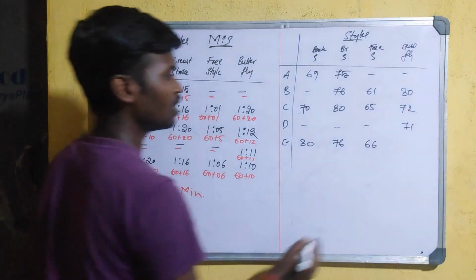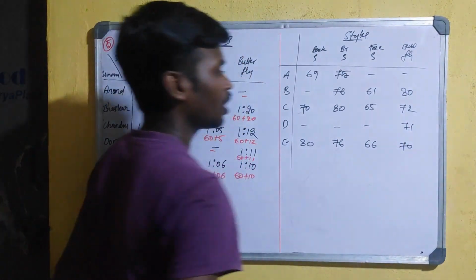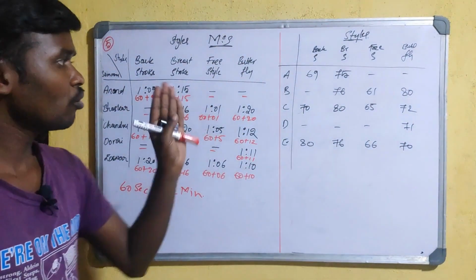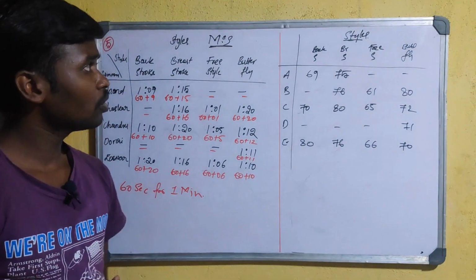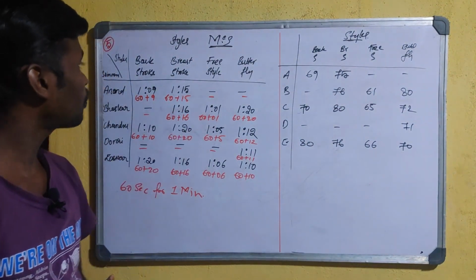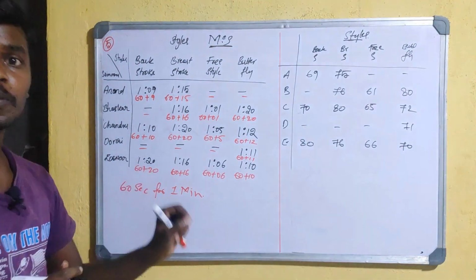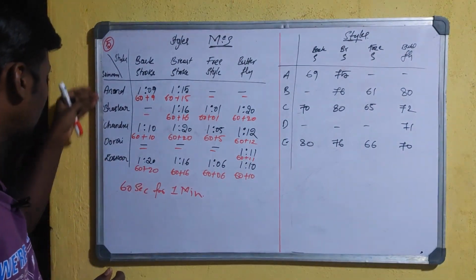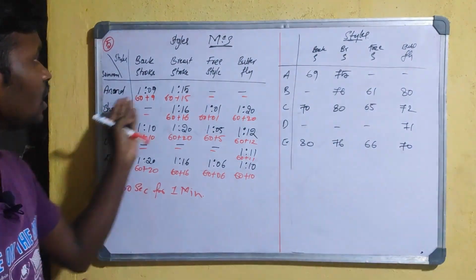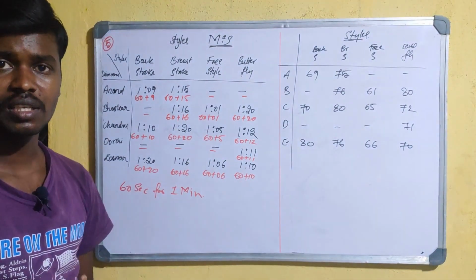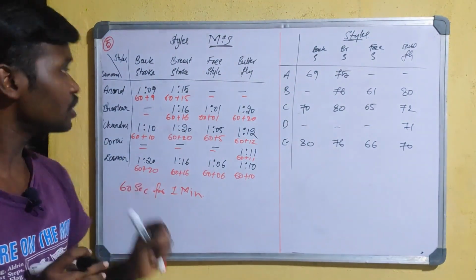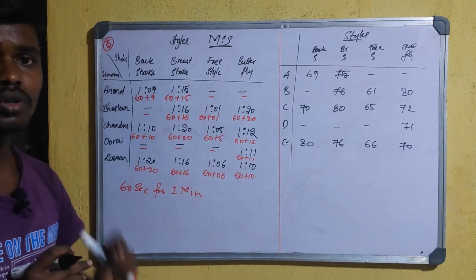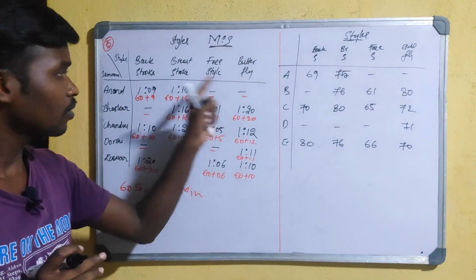So 60 plus 10, 70. Now we have the problem. Now you can proceed to calculate optimal time, that is optimal seconds, to allocate the different swimmers to the different styles, and you have to find out which swimmer is not allocated to which style.